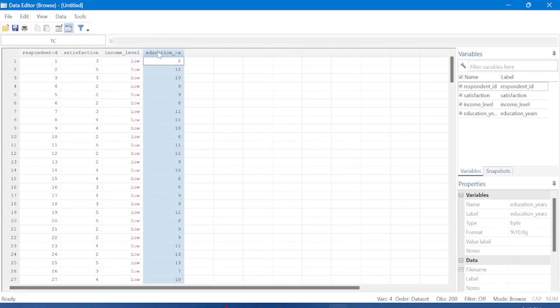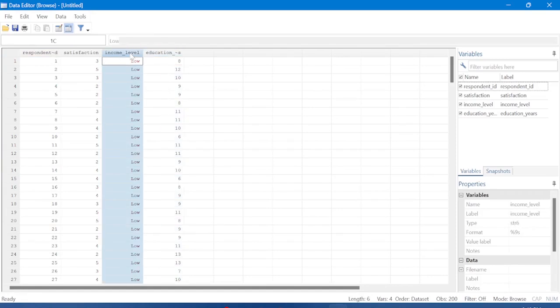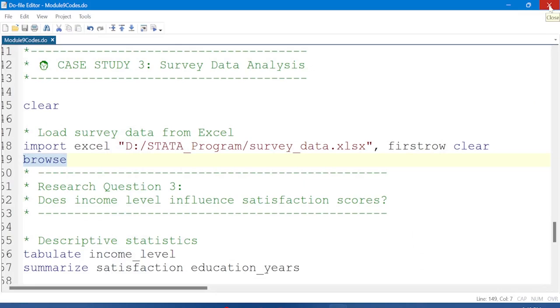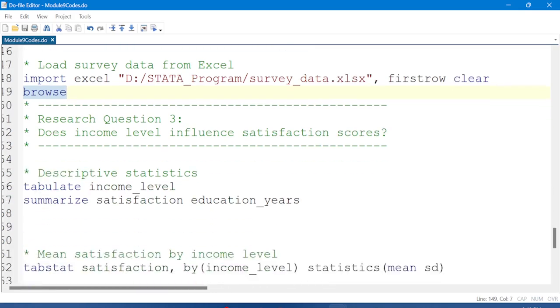Does income level influence satisfaction score? So income level, you realize that it is categorical data, and it has three groups. The most likely model we are going to use is ANOVA analysis. In fact, it is one way ANOVA analysis.